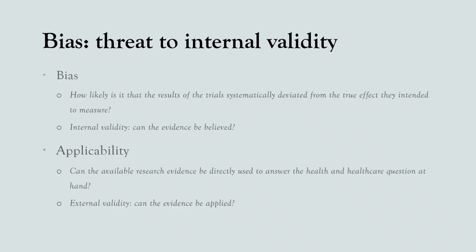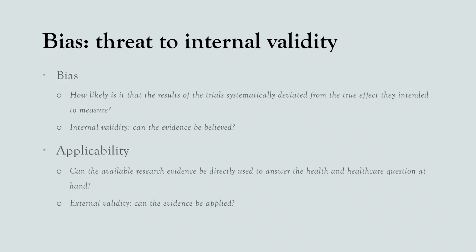This slide also mentions applicability, which relates to external validity. External validity asks a different question. Can the evidence be applied to real-world patients or settings? So to summarize, bias threatens internal validity, whether the results are trustworthy or not. Applicability relates to external validity, whether the results can be used in practice.